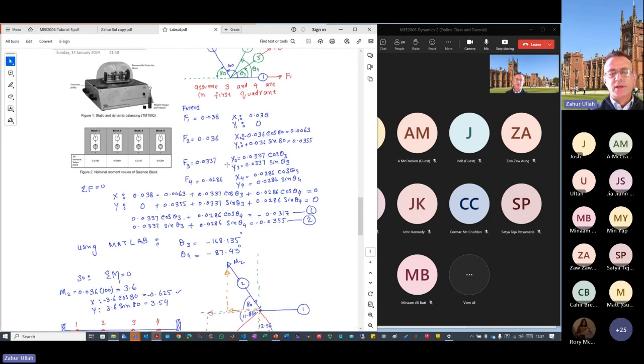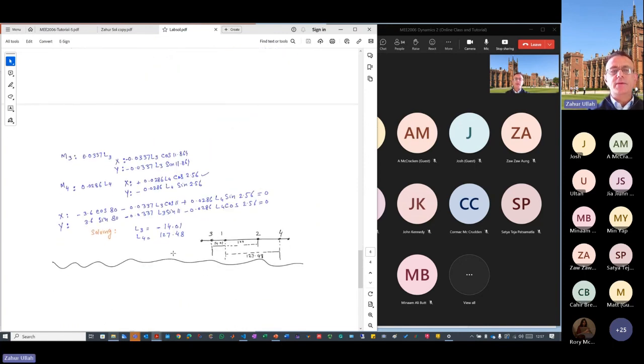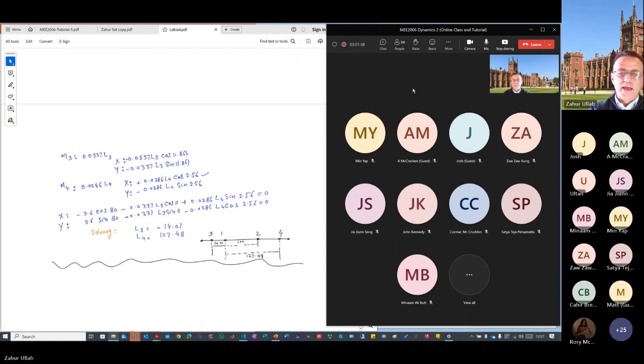It's the same procedure, but done analytically, and the results are exactly the same as the graphical method. All this is available online. One more thing: I also solved question 2 in your tutorial using the analytical method in one of the videos, and I also solved the same question 2 graphically, and it's also available on Canvas.